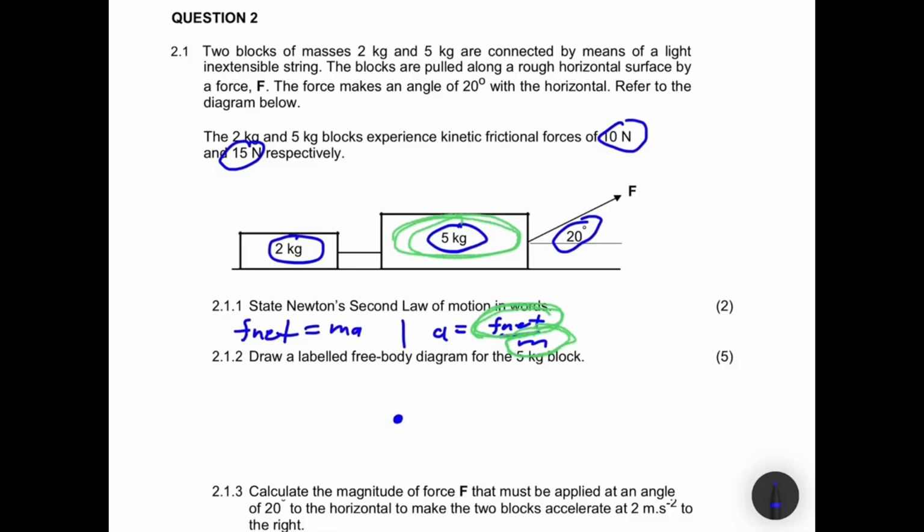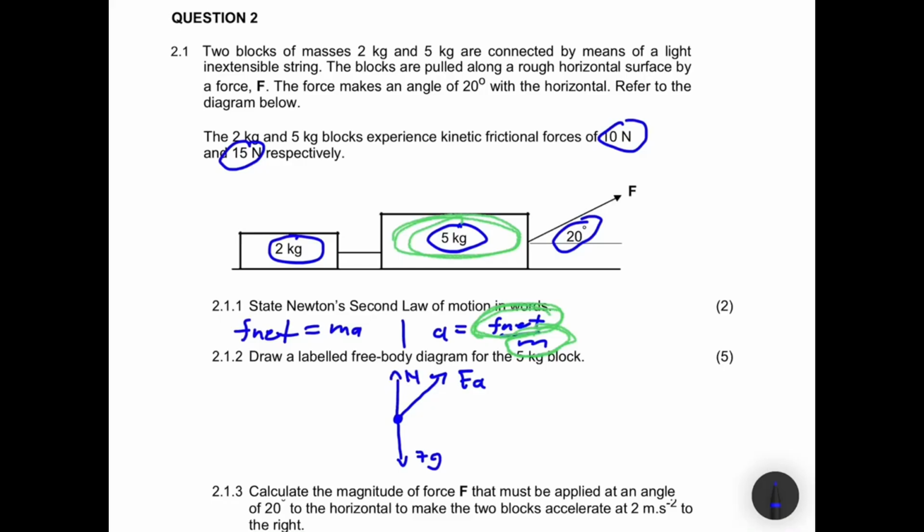So let's have that force that is applied, FA, A denoting applied. And then no questions asked, any object on Earth will always experience Fg, the force of gravity. So we have Fg. And then if that body rests on a surface, then the surface will exert a normal force on the body, right? So there we go, normal force.